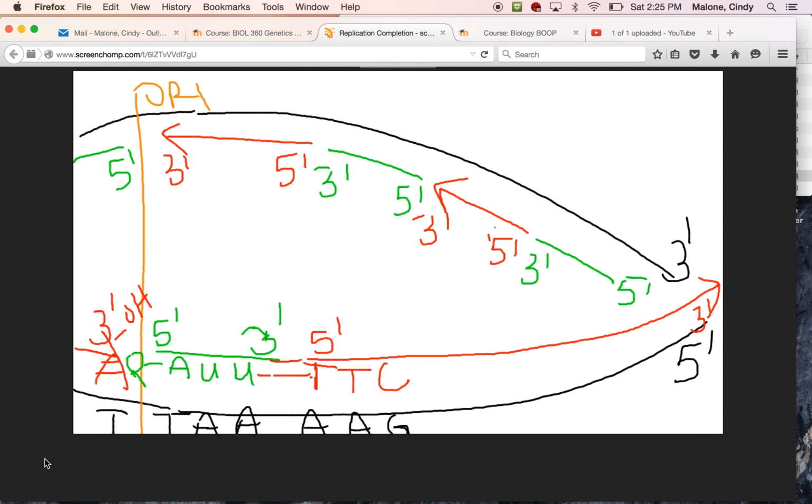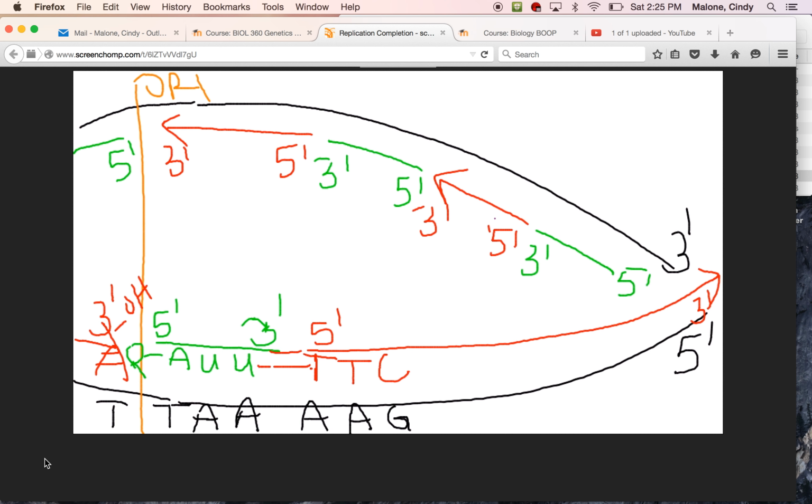And look, there it is. So we're just going to look at the right side of the bubble, and so I've taken the liberty to draw some of this stuff in already. And again, I will label this guy as the leading strand, because he's moving right into the crotch, 3' end.